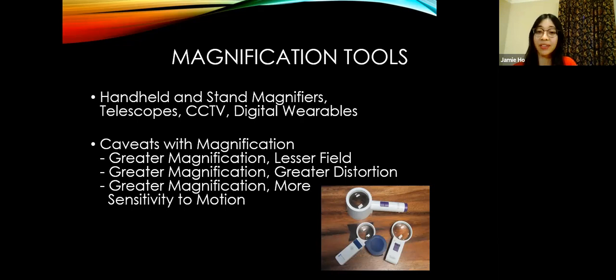Greater magnification, greater distortion. Generally with these traditional magnifiers that you see down there, the periphery, the very edge of the magnifier, has some distortion, so generally only the center is clear. And the third catch-22 of greater magnification is more sensitivity to motion. This will be really relevant when we talk about wearables.